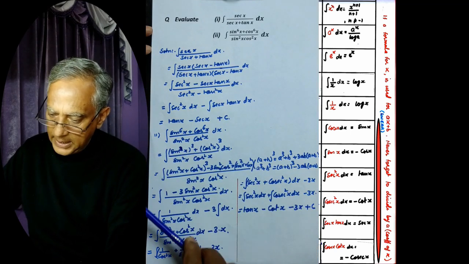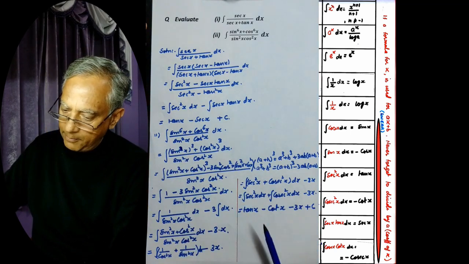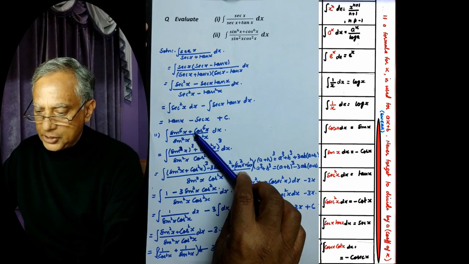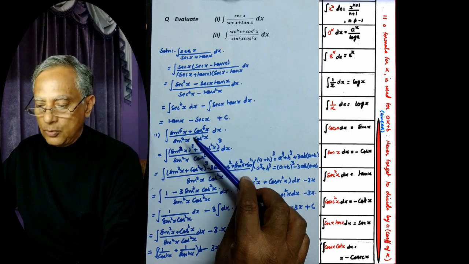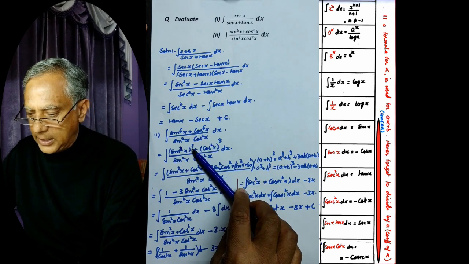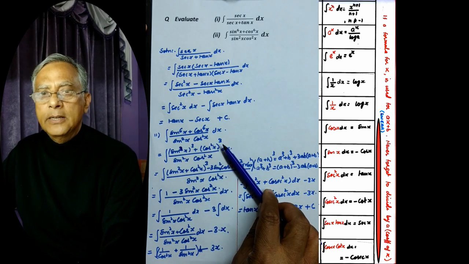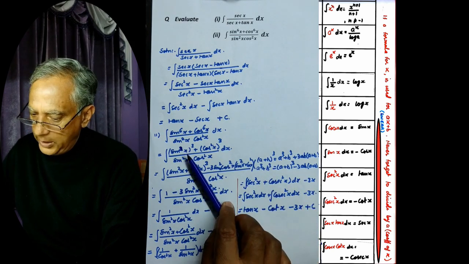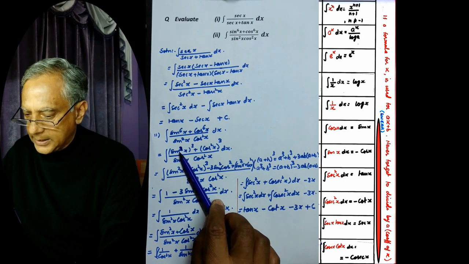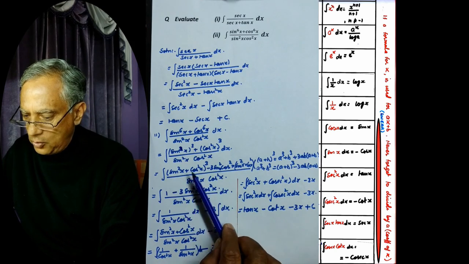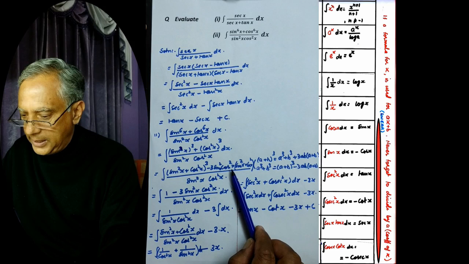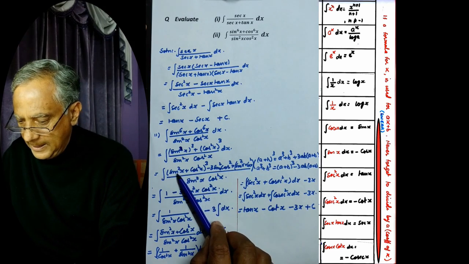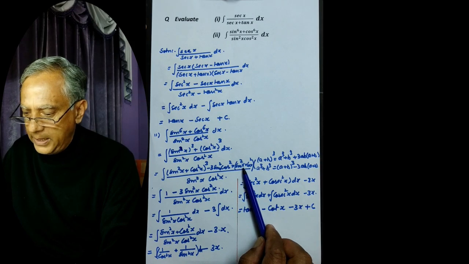So you must go through the simplifications we made in this question. First is sin 6x plus cos 6x. We wrote this as (sin square x) whole cube plus (cos square x) whole cube, and using this formula we wrote this as (sin square x plus cos square x) whole cube, (a plus b) whole cube minus 3ab into (a plus b), and we can see that this will be 1 and this will be 1.